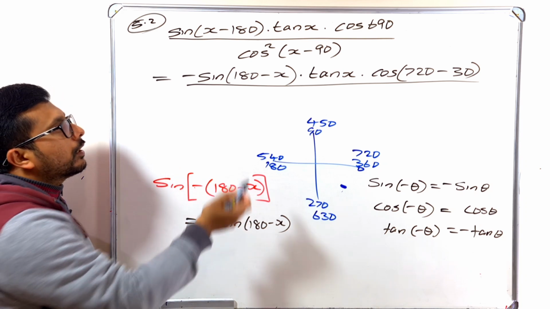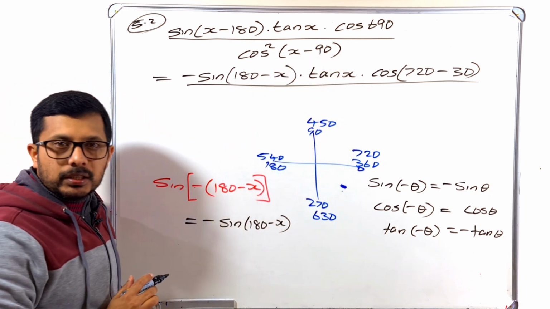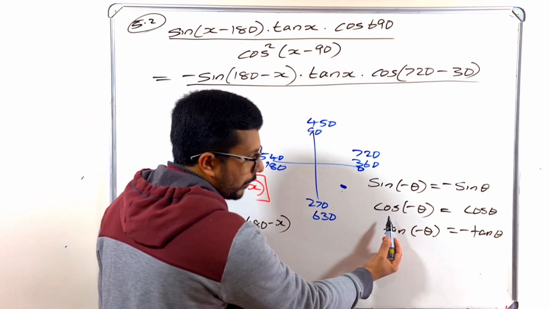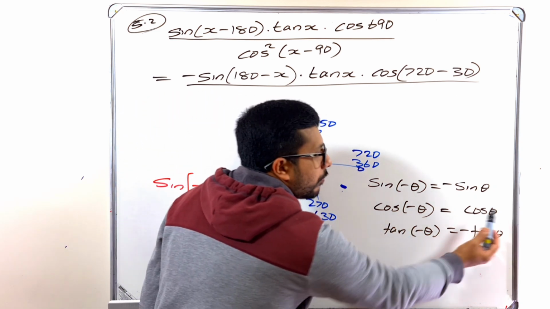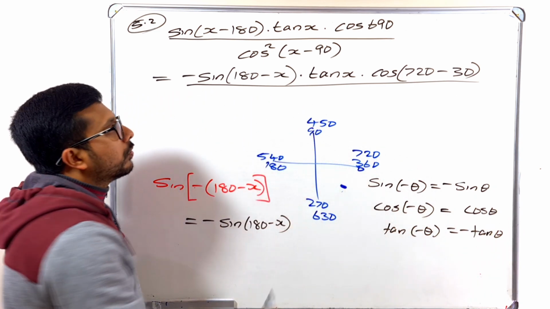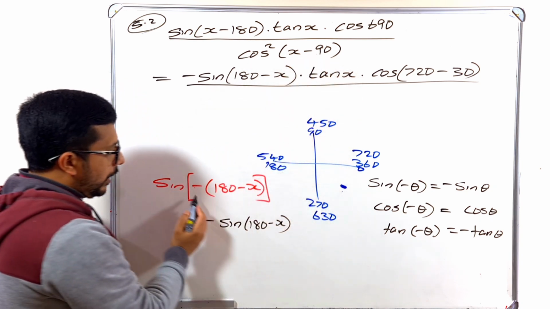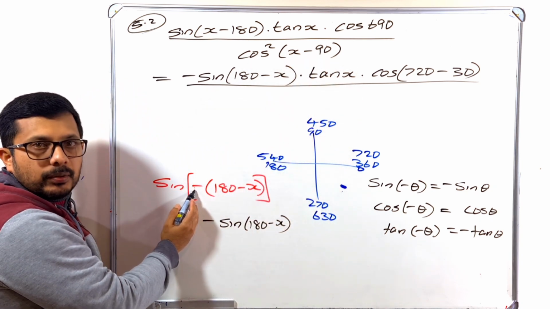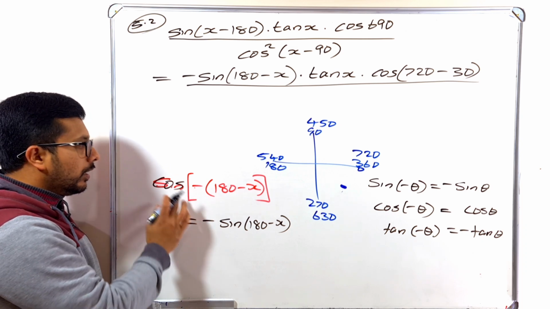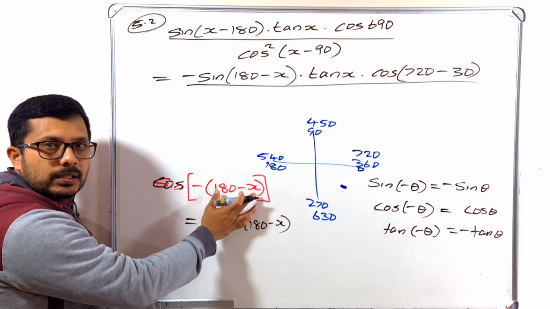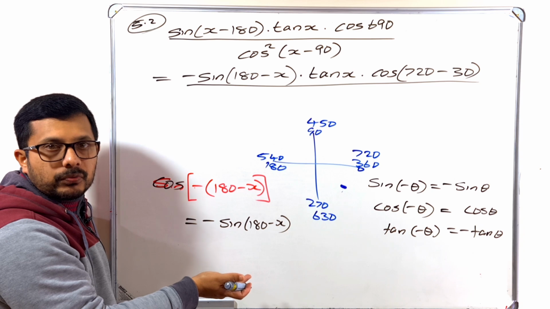So here it is x minus 90. Try to understand like this. Here we wrote cos of minus theta is the same as cos of positive theta. So even though we are taking a minus common like this, if here it is cos, then cos of minus this angle is the same as positive cos of that angle.